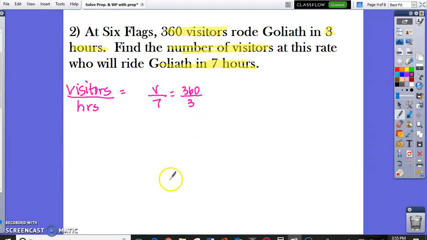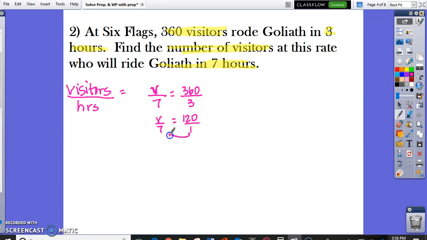Alright. Well, we could simplify this ratio because 3 goes evenly into that. Again, you could use cross products every time, but it might be simpler to simplify. That's a play on words, simpler to simplify. So 3 goes into 360 120 times. 3 goes into 3 once, and then we have v over 7.